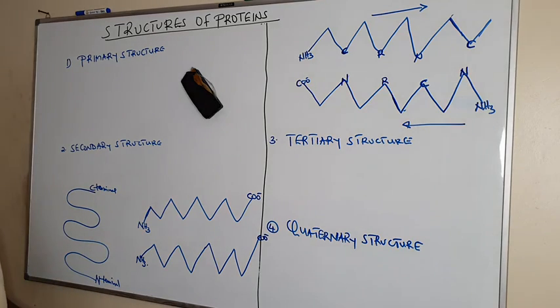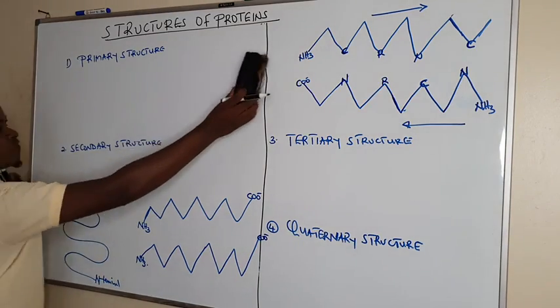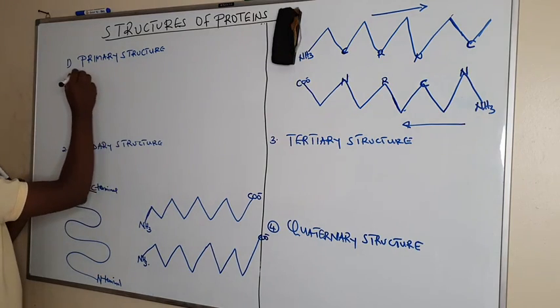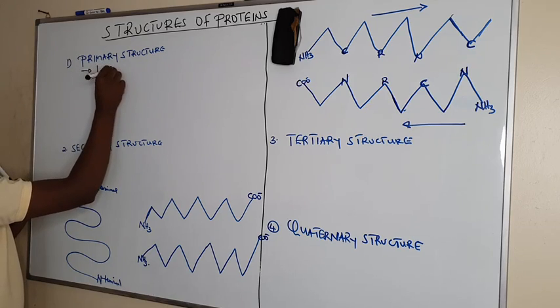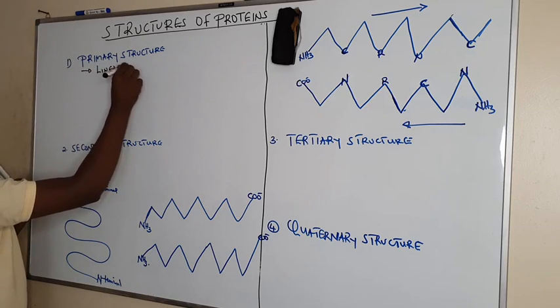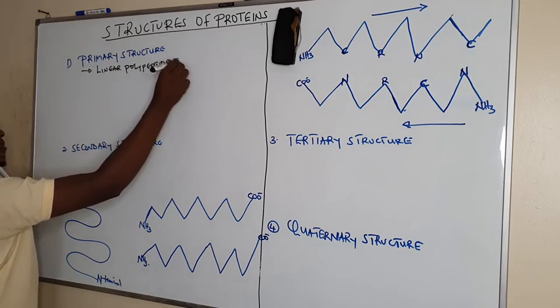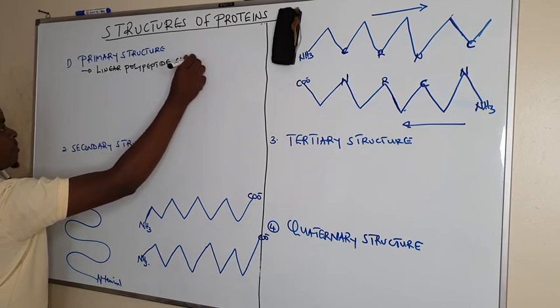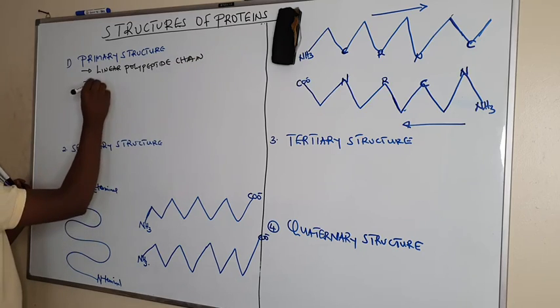In this primary structure of protein, we are going to look at a linear polypeptide chain. It is composed of a linear polypeptide chain, and this linear polypeptide chain is formed due to the type of bond.